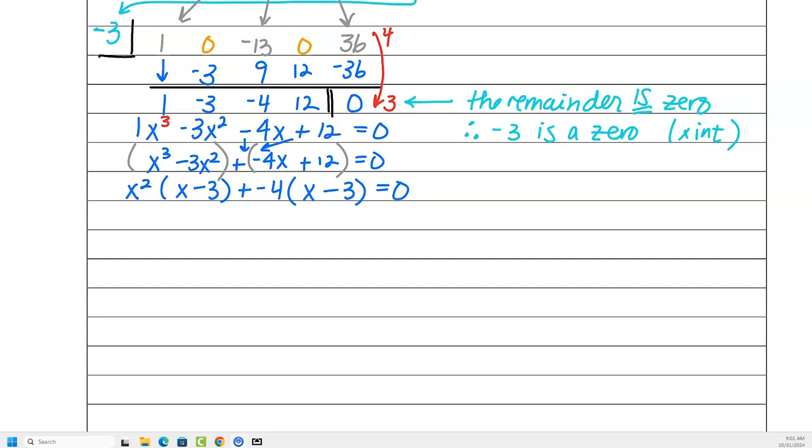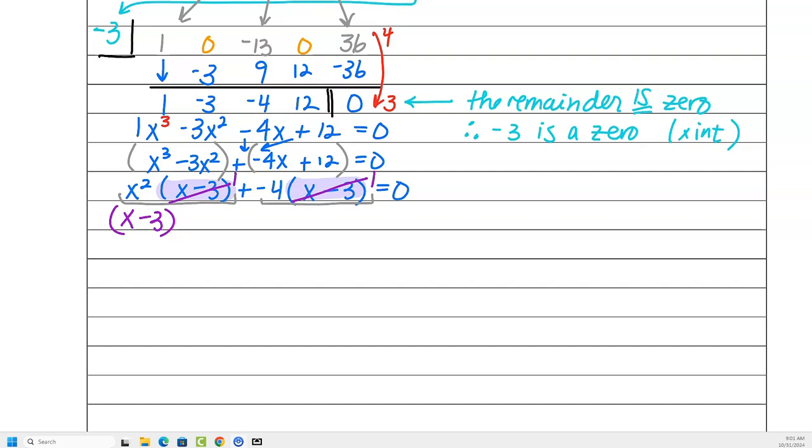So I think that you can see now that those 2 terms have the x minus 3 in common. You guys okay with that? So what's the GCF? X minus 3. Divide the first one by x minus 3 and the second one by x minus 3. Those just become 1s.